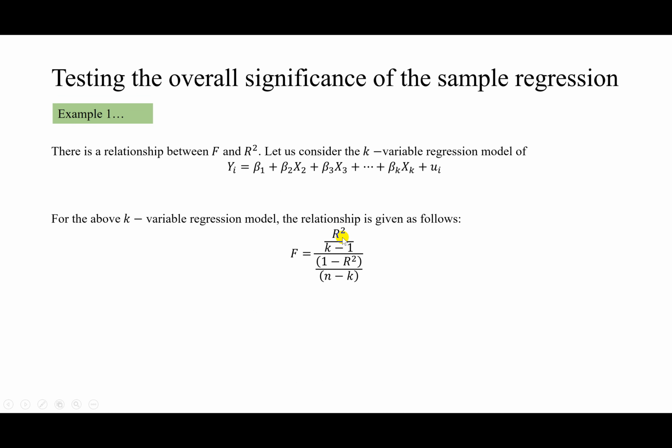F is equal to R squared divided by k minus 1, divided by 1 minus R squared divided by n minus k. And in our case, this formula can be transformed into this expression: R squared divided by 2, divided by 1 minus R squared divided by n minus 3, as we have k is equal to 3.